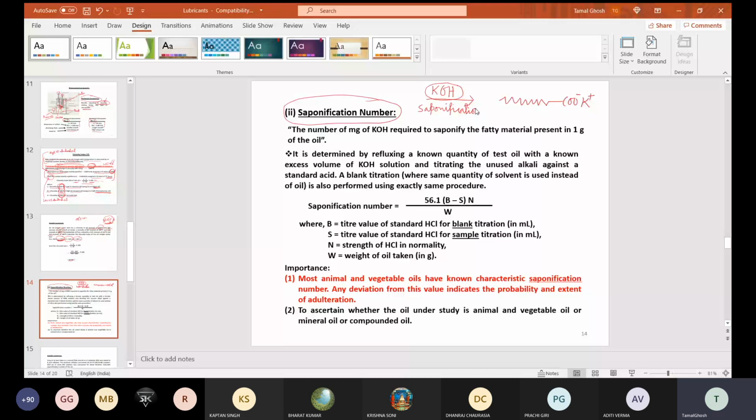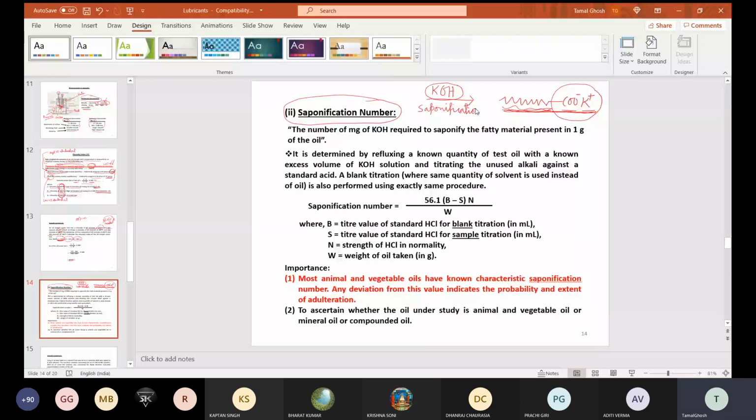As a result, on a carbon-carbon chain there will be a COO minus K plus, a long chain carboxylic acid potassium salt. This is the so-called soap that will be generated. Potassium soap is generated. This is saponification.